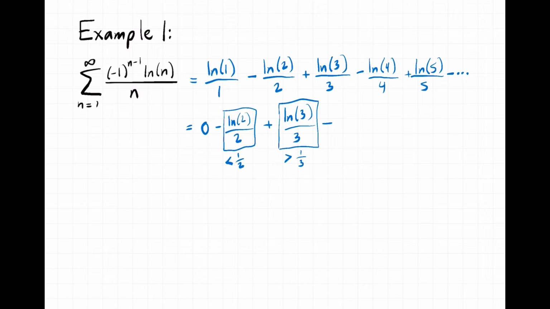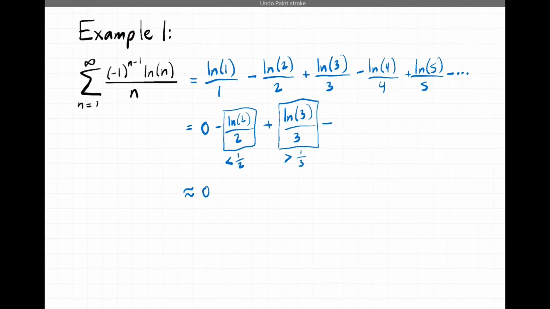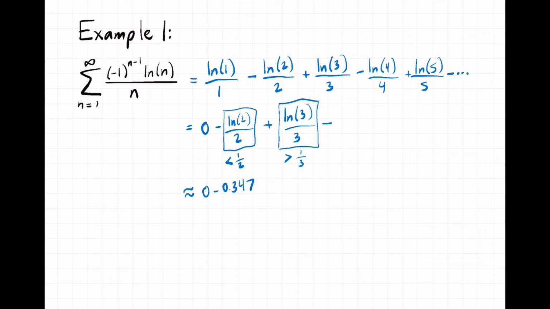Maybe let's write out some decimal approximations for these, just so we get a sense. So we're going to have 0, minus 0.347, that's the natural log of 2 over 2 approximately, plus 0.366, the natural log of 3 over 3.